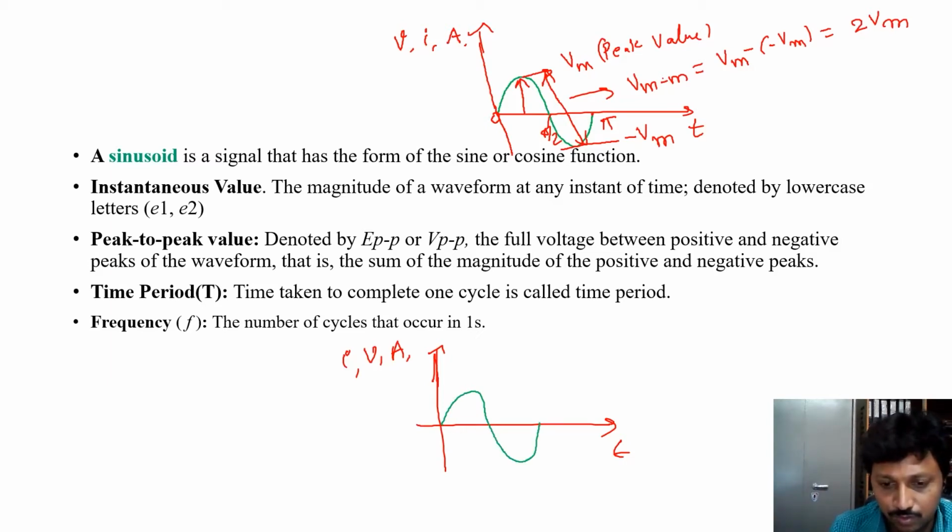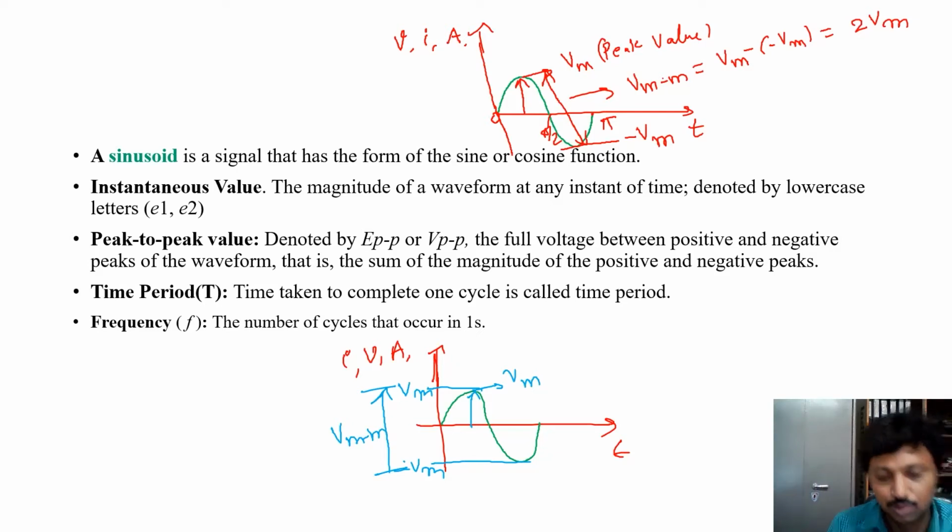I told you this is the maximum peak from this point to this, so this is the peak value, and peak to peak is from the negative maximum to the positive maximum.